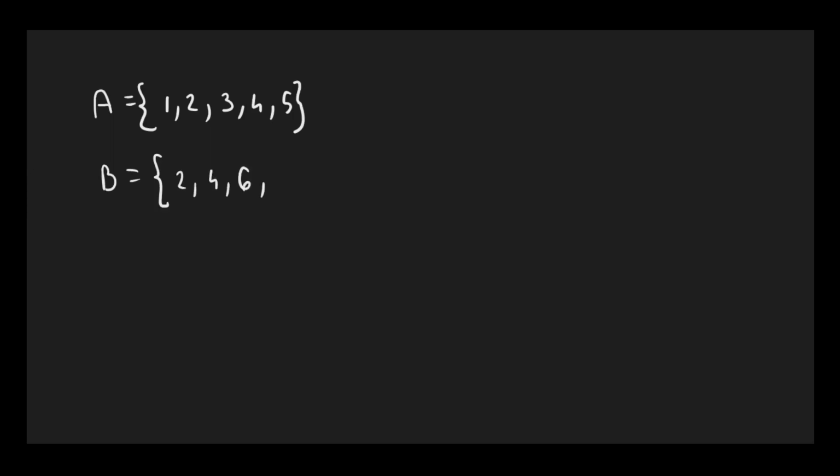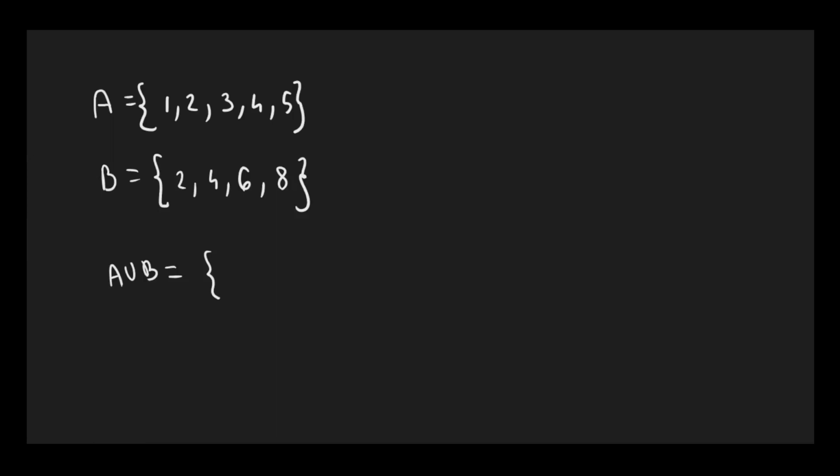Let's try another example. Let's say we have A, which is 1, 2, 3, 4, and 5. And we have B, which is 2, 4, 6, 8. So what is A union B in this case? What do you think A union B is? Well, let's take the list of all unique elements.